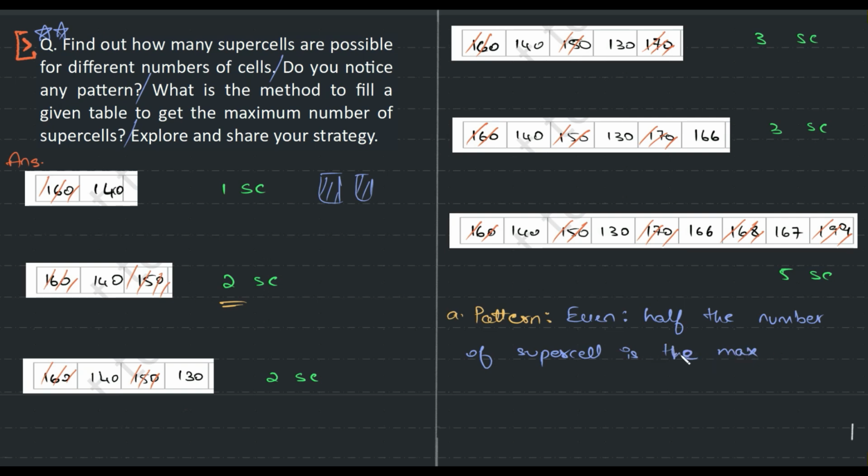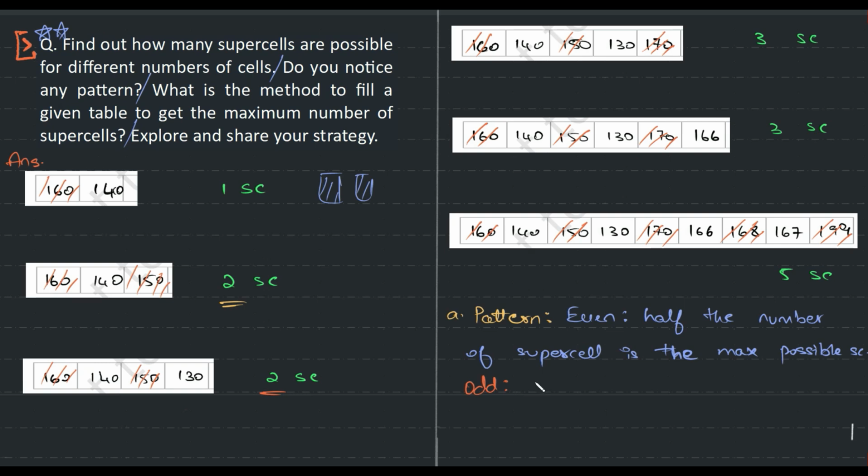I'm going to write SC because I don't have much space. Supercells. Is that correct? When it's even, we have 2 divided by 2 is 1. 4 divided by 2 is 2. And then 6 divided by 2 is 3. Right. That's correct. When it's odd, what is it? So we have 1, 2, 3, but we ended up with 2.